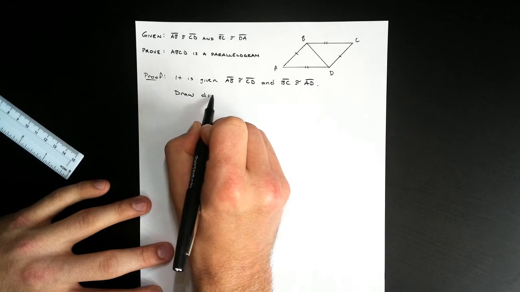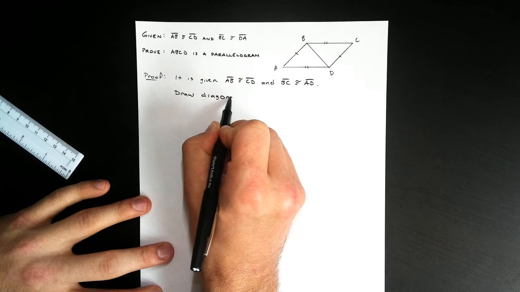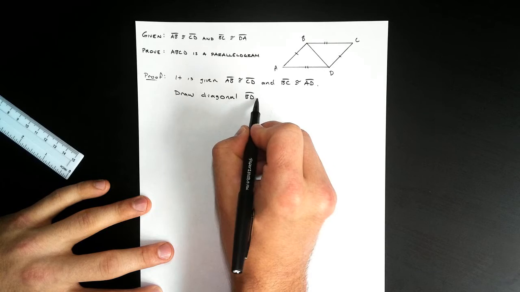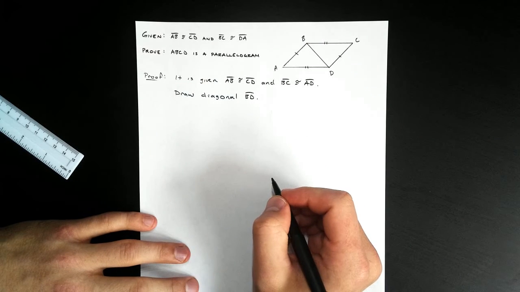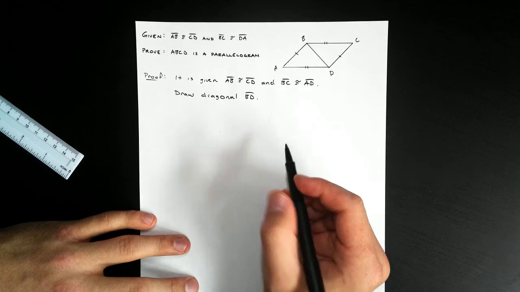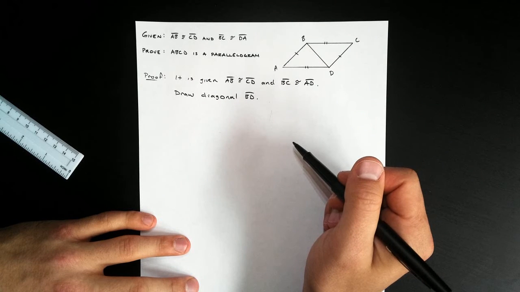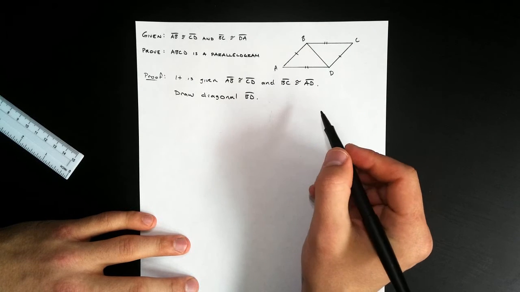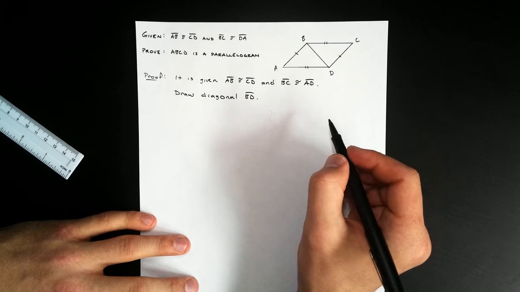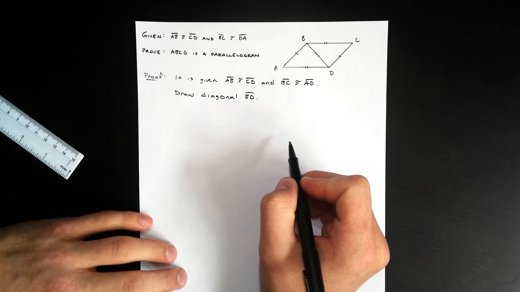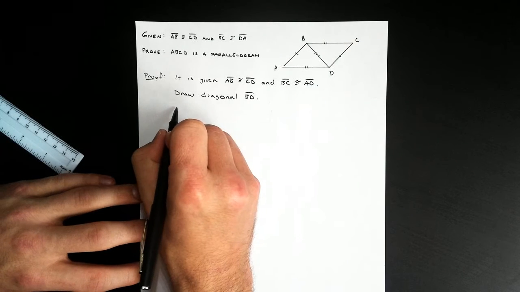So, draw a diagonal, and we went from B to D. So that created the 2 triangles. I already know that 2 of the pairs of the sides match up for these triangles. So if I can get that third pair of sides, we know that they're congruent, which that shared segment is congruent to itself.